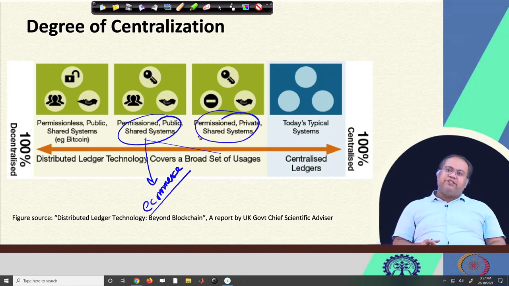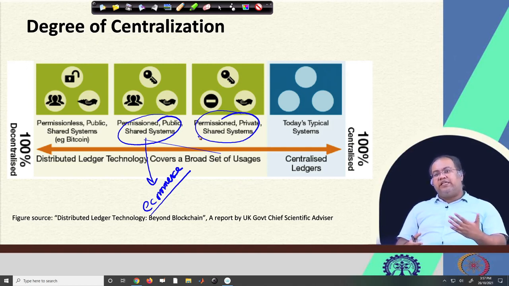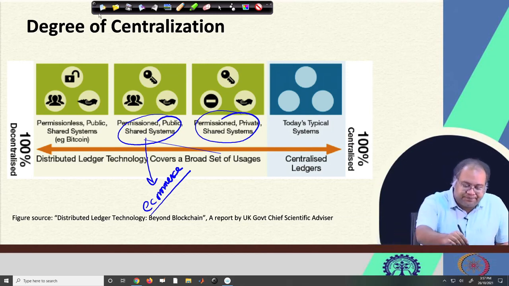So, the permission model can be public or private, and we have support for all these different levels of decentralization, and the blockchain platform actually helps us move to a specific business model depending on my requirement. So, we move from a centralized architecture to different levels of decentralization with the help of a blockchain based architecture.